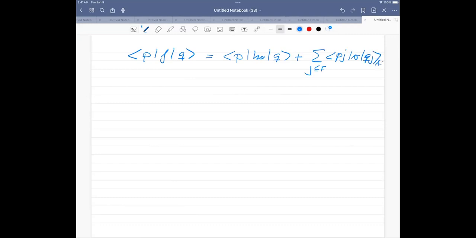And this is an anti-symmetrized matrix element. Now, in our case here, and this is the standard approach in many-body perturbation theory, a term like the first one, which is present here, so p of h0 of q, is actually equal to epsilon p times delta pq.